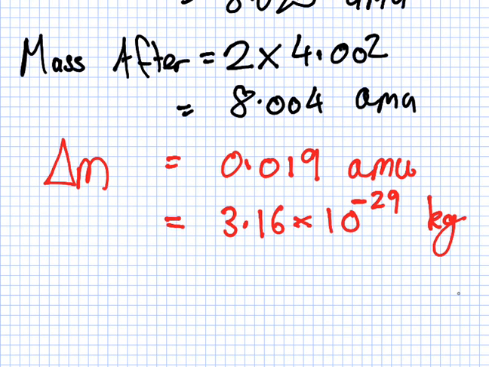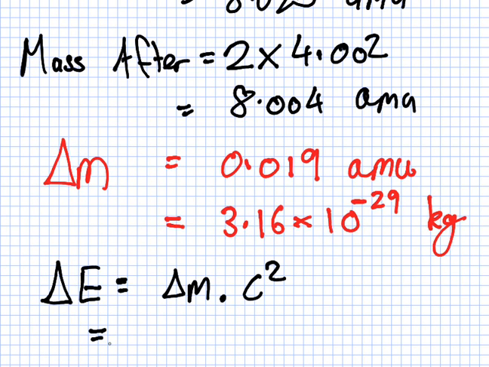So Einstein said that the amount of energy that you make here will equal m multiplied by c squared. And c is the speed of light, of course, which we remember as being 3 times 10 to the 8, isn't it? Now tell me what you get.